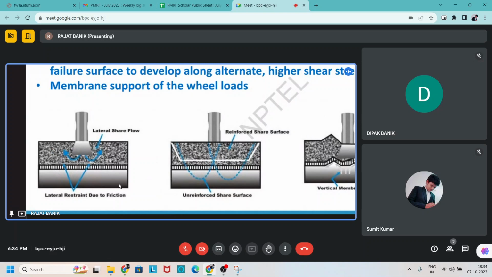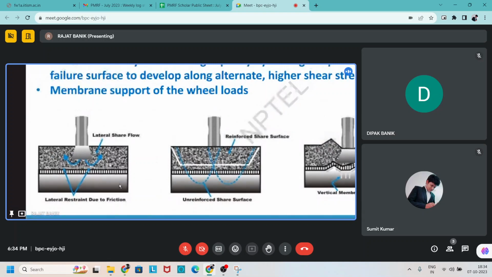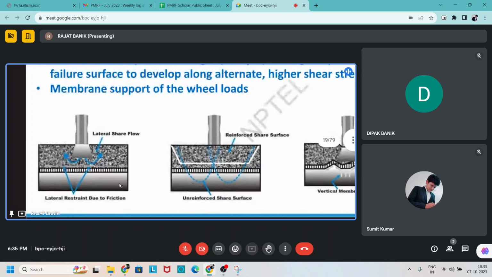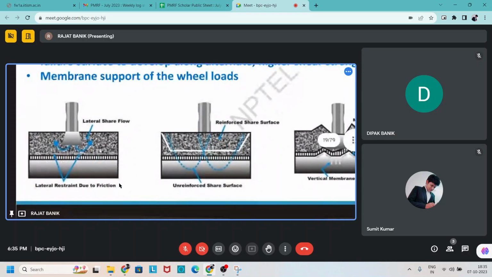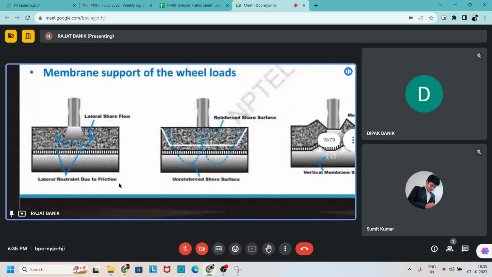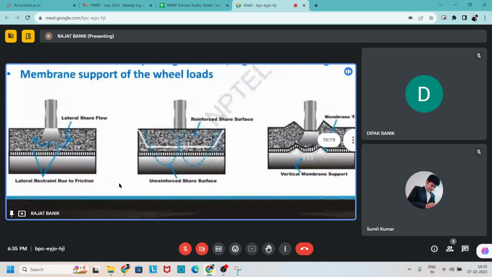Friction and interlocking properties are used when we apply this geosynthetic material as a reinforcement, and in this way we can increase the strength also. This geosynthetic material also increases the bearing capacity by developing the failure surface at a greater depth.